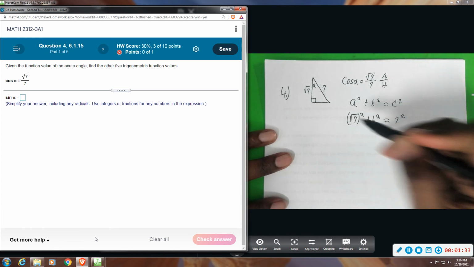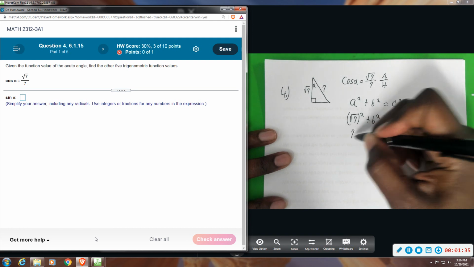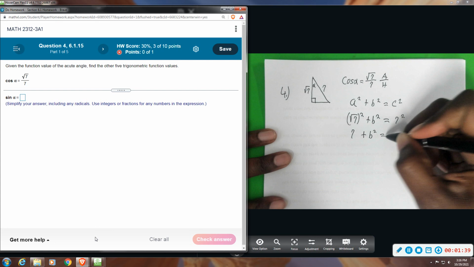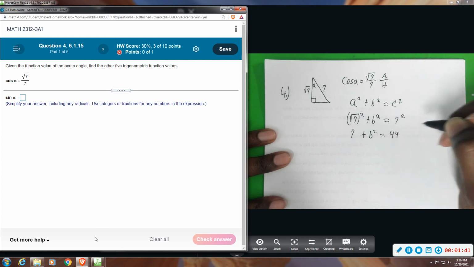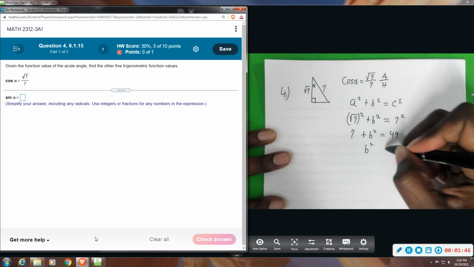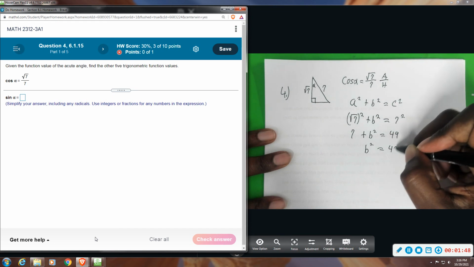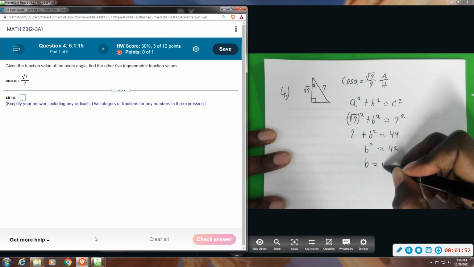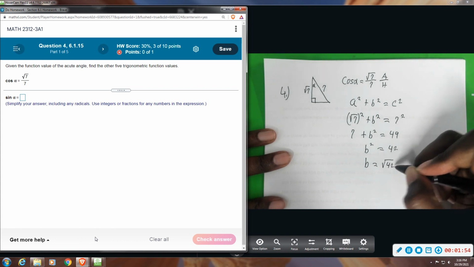When I square the square root, it cancels out, so we have 7 plus b squared equals 49. We're going to subtract 7 from both sides, so that will give us b squared equals 42. And then when you take the square root of both sides, you get b equals the square root of 42.